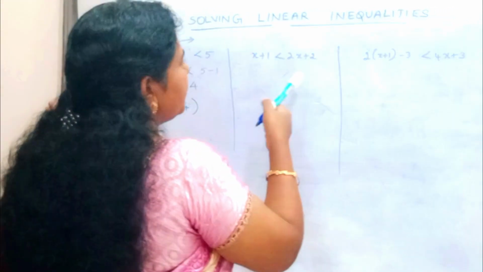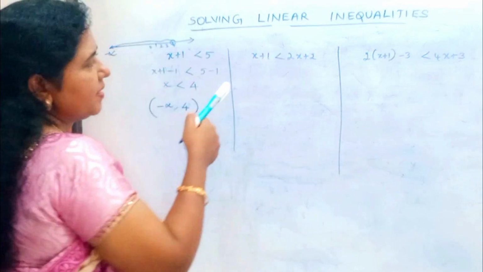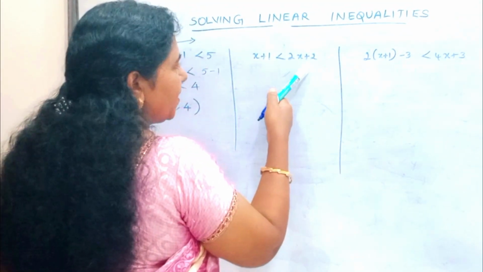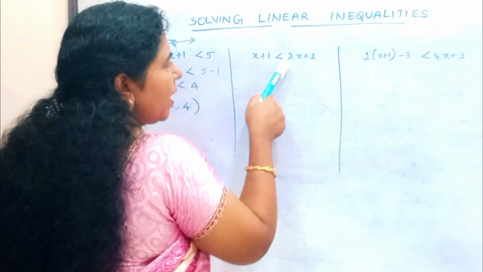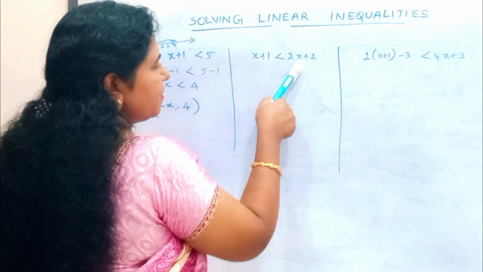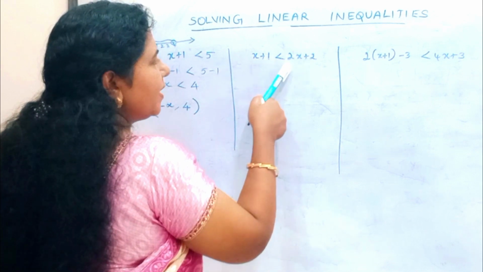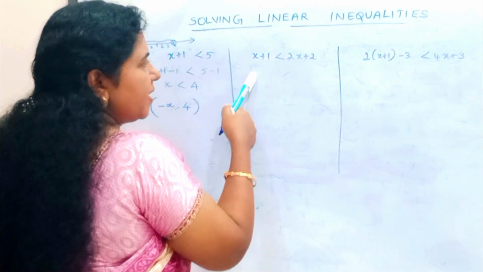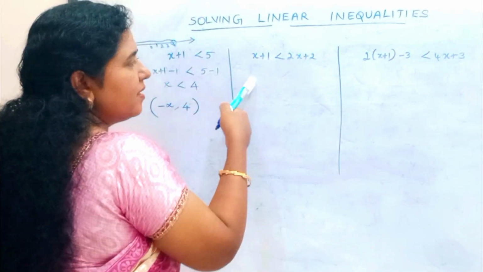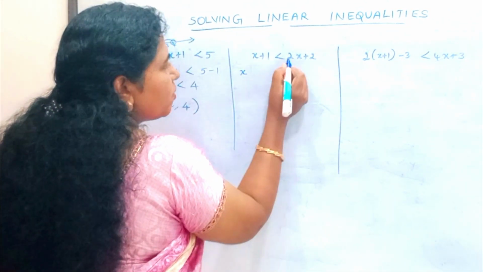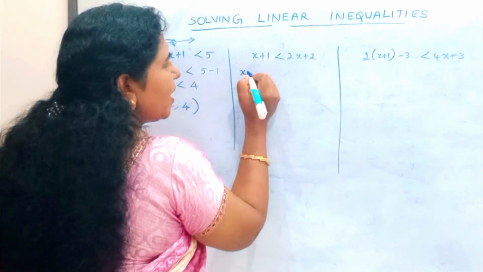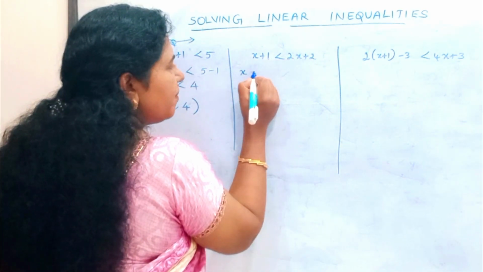Now coming to the next example: x plus 1 less than 2x plus 2. Here it is plus 1, here it is plus 2, and here we also have an x term. We have to take this term to the left hand side so that we have the variable x on the left. This plus 2x, when we bring it to the other side, becomes minus 2x.